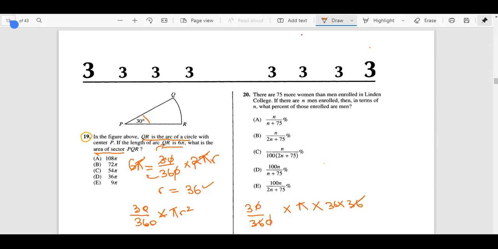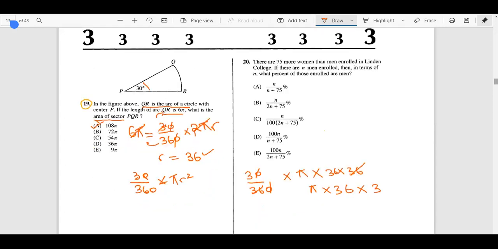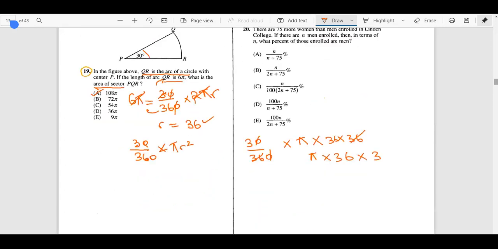So now you have pi into 36 into 3. Okay, that is 108. Okay, so A is the answer. So Zahib, are you clear with this? Yes, ma'am. Okay, perfect. Very good.